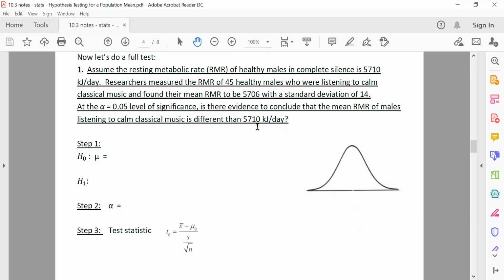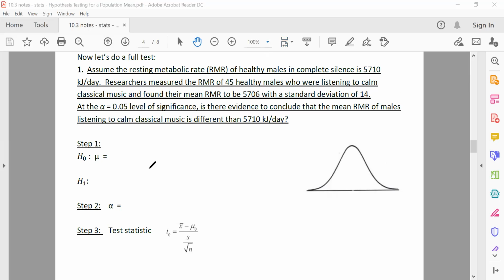Researchers measured the RMR of 45 healthy males who were listening to calm classical music and found that their resting metabolic rate was 5706 with a standard deviation of 14. So, at the 0.05 level of significance, is there evidence to conclude that the mean is different from 5710?